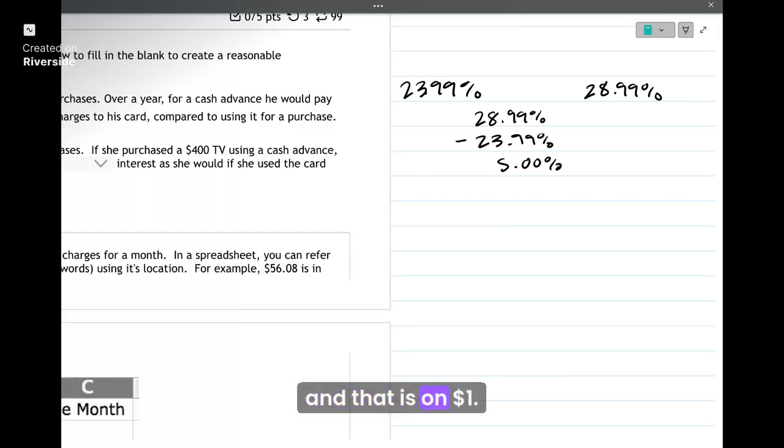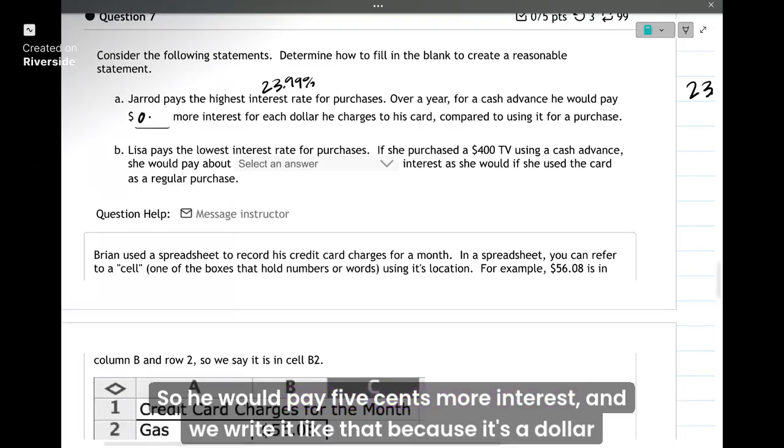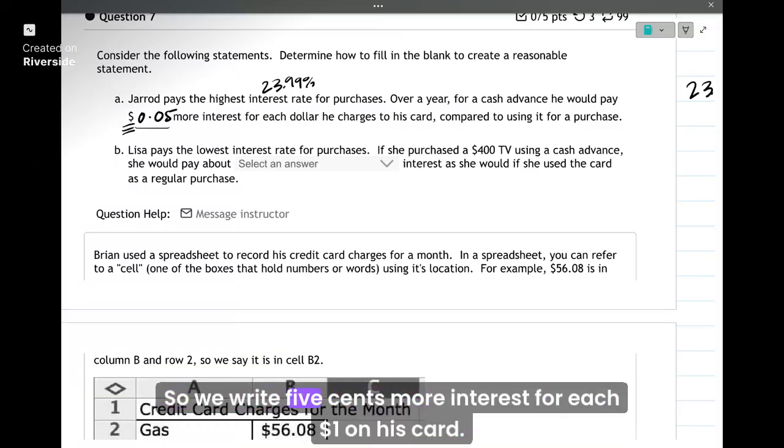And that is on $1, 5% is 5 cents. So he would pay 5 cents more interest. And we write it like that because it's a dollar symbol. So we write 5 cents more interest for each $1 on his card.